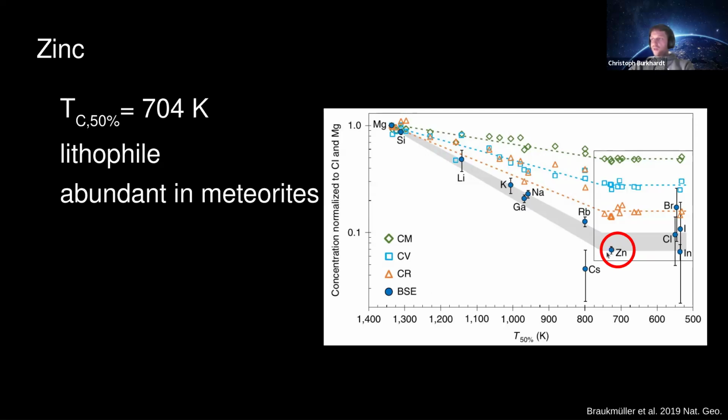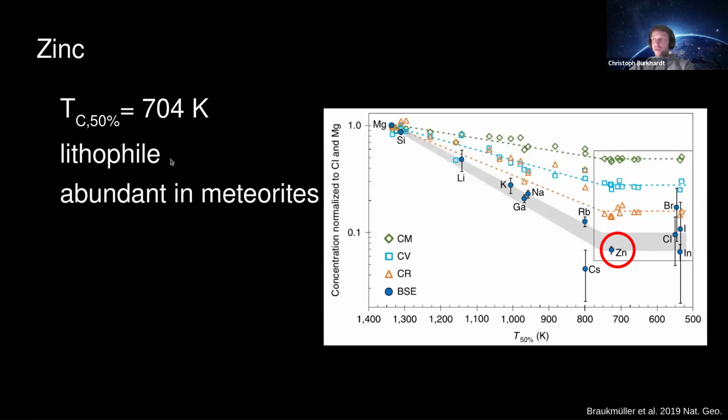And you see that at about 800 Kelvin, there's a plateau. And later on that plateau, there's somewhere water. So the idea is, if we look at zinc, it's on the plateau of volatile elements, we might even be able to say something about more volatile elements.